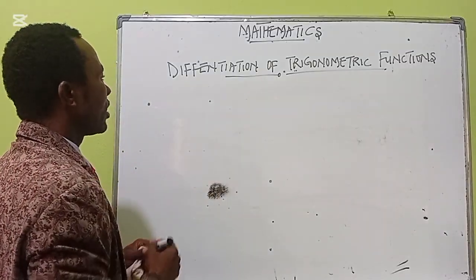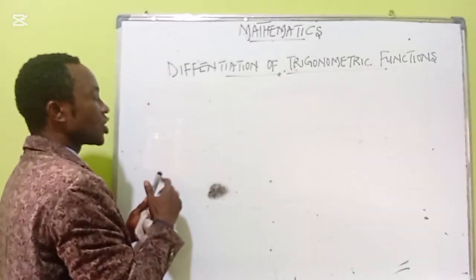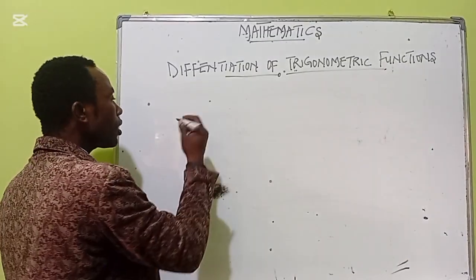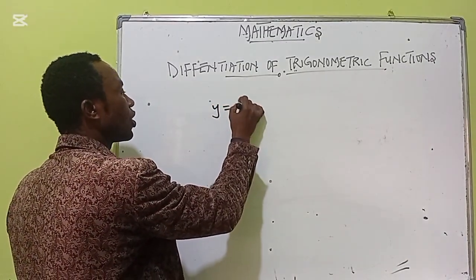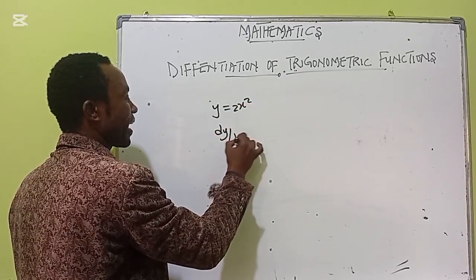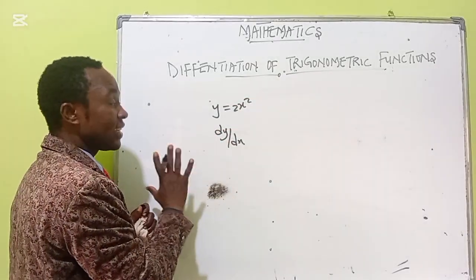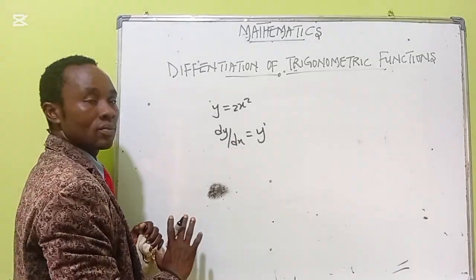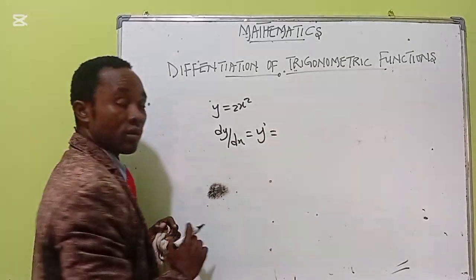Now remember, in differentiation we differentiate y with respect to x. Let's say we have y equals 2x squared. Remember, your dy over dx is the differentiation, which can be taken as y prime. We have said this in the previous class.